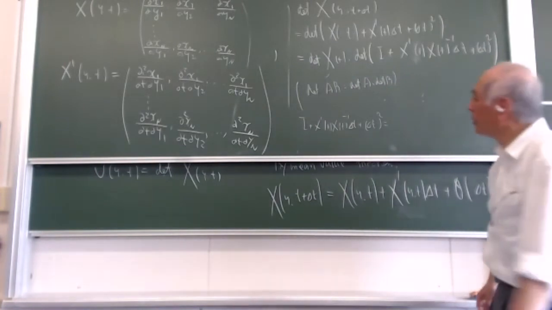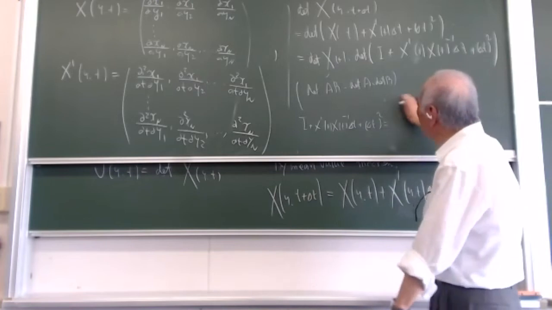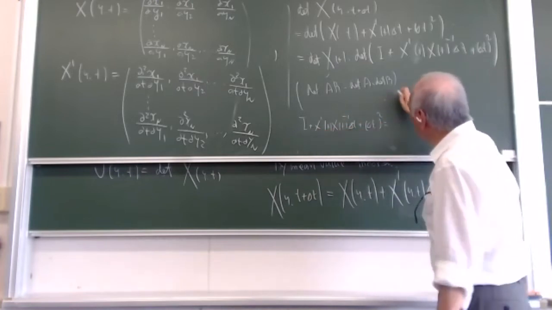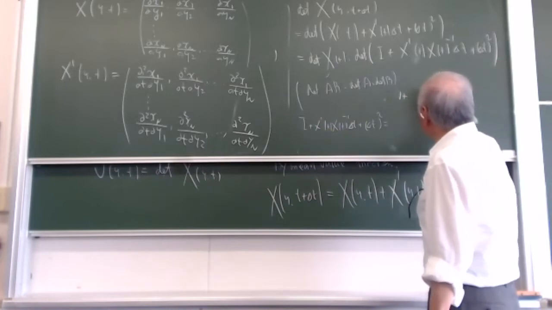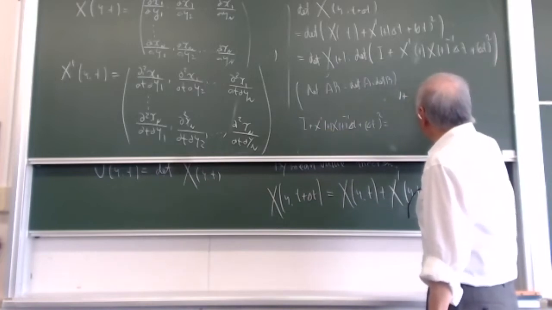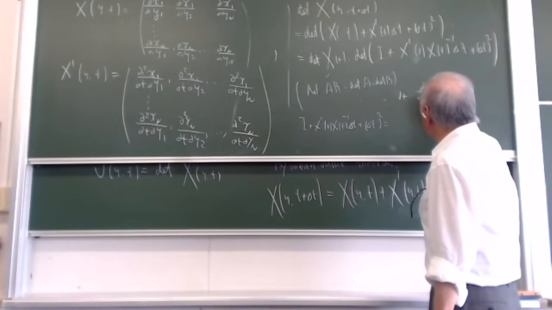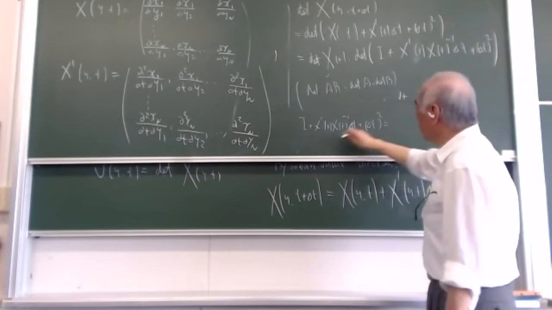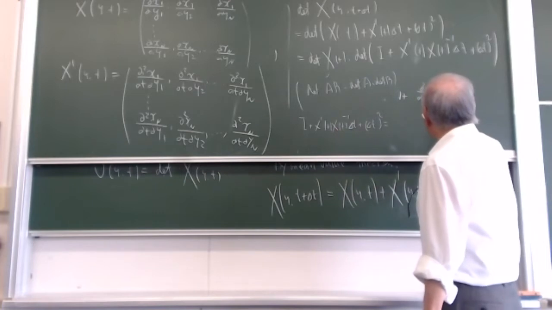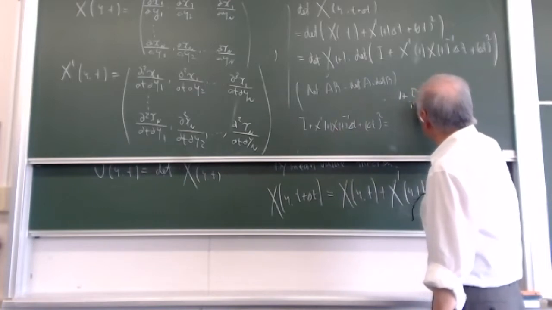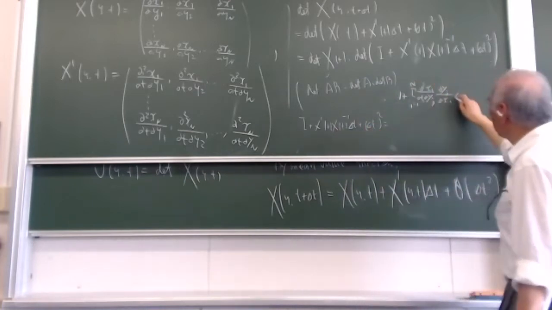Diagonal. So the diagonal here is 1 plus d square x1 over dt dy_j, and then its inverse, so dy_j over dx1 summation delta t.